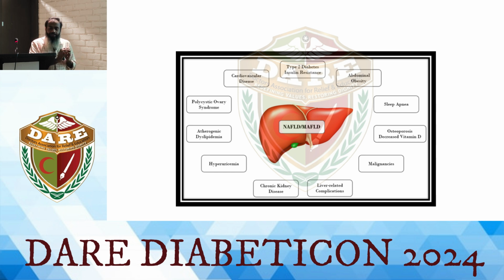The fat in the liver doesn't mean that it is only causing damage to the liver, it can also involve any other organs as shown over here. So whenever the patient comes, we have to not only look at the liver, but we have to see the patient as a whole.